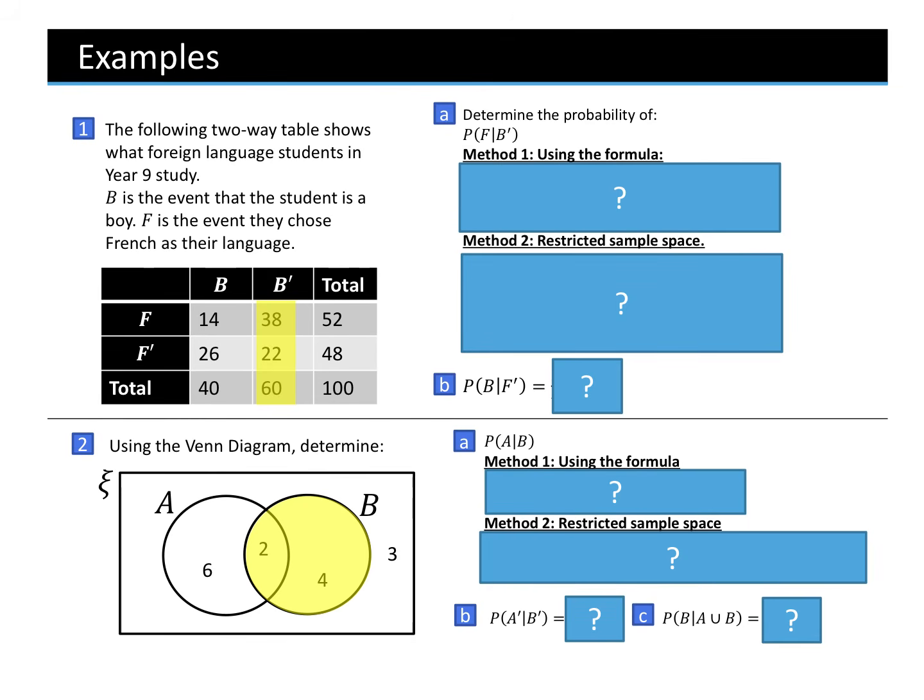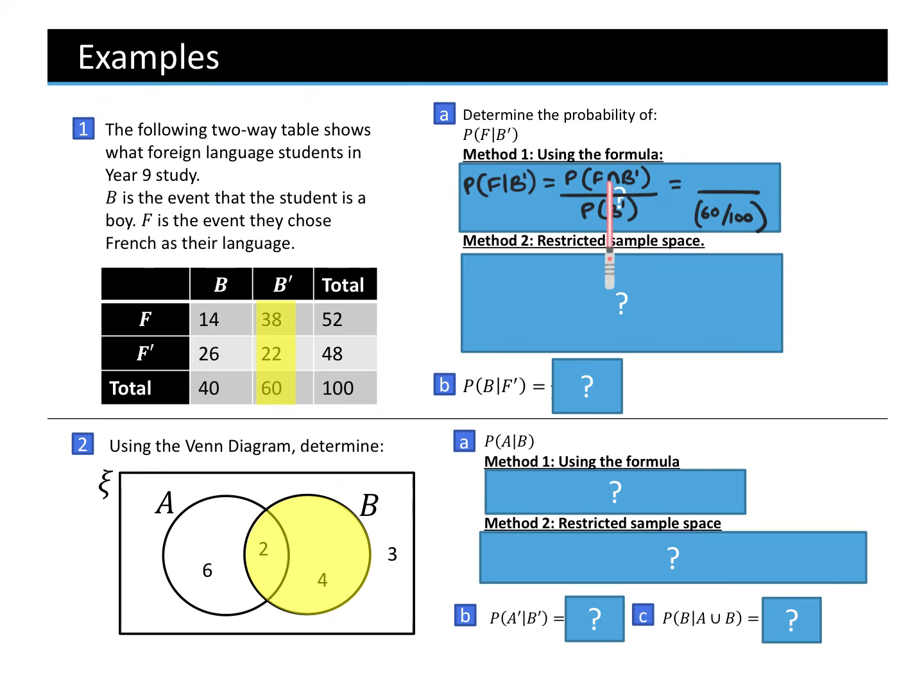The probability of F given not B is the probability of F intersection not B over the probability of not B. The probability of not B is 60 out of 100, because the total of not B is 60 out of 100, or we could have written 0.6 if we wanted.